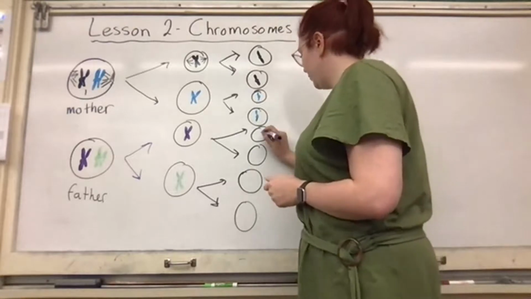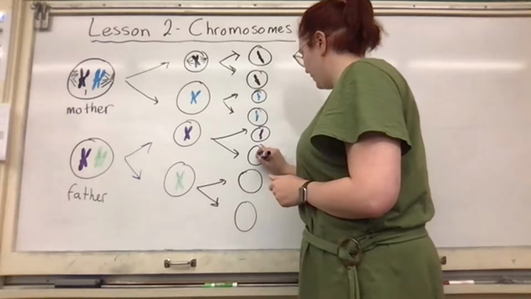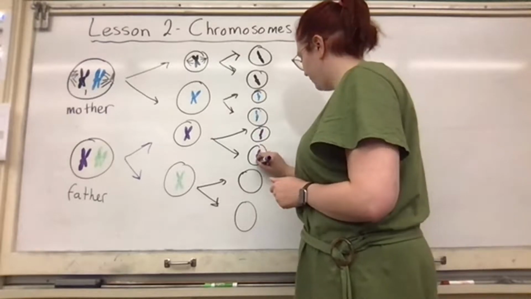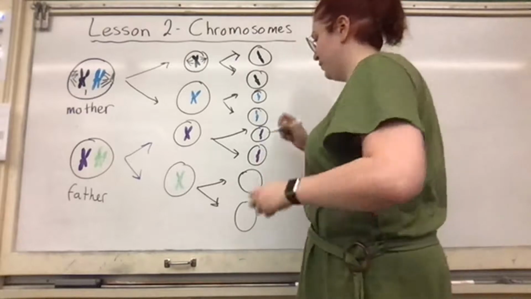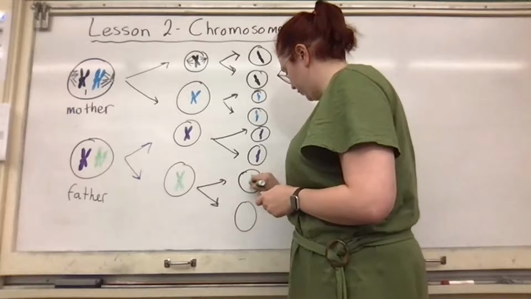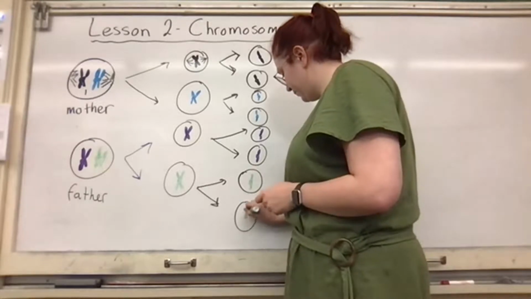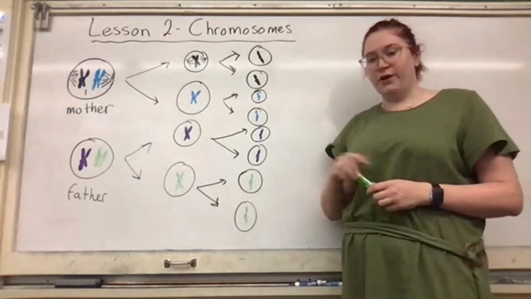Your dad's sperm, 50% of it will have the chromosome from his mother, and 50% of it will have the chromosomes from his father.